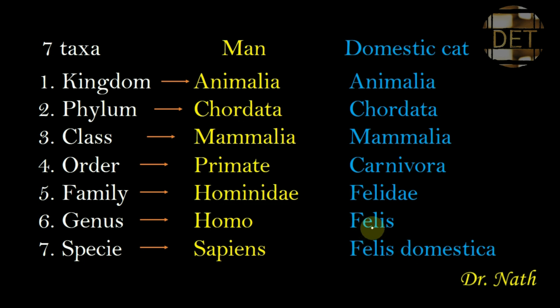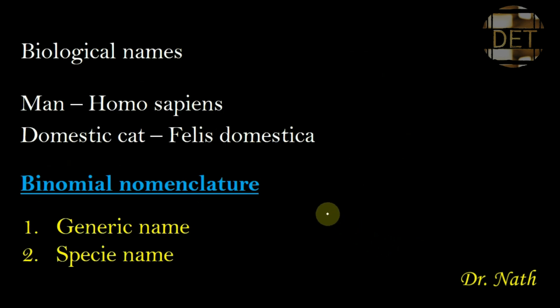So we can say that the biological name of cat is Felis domestica. So we can get the biological names of living things from taxonomy. For example, man is Homo sapiens, domestic cat is Felis domestica.